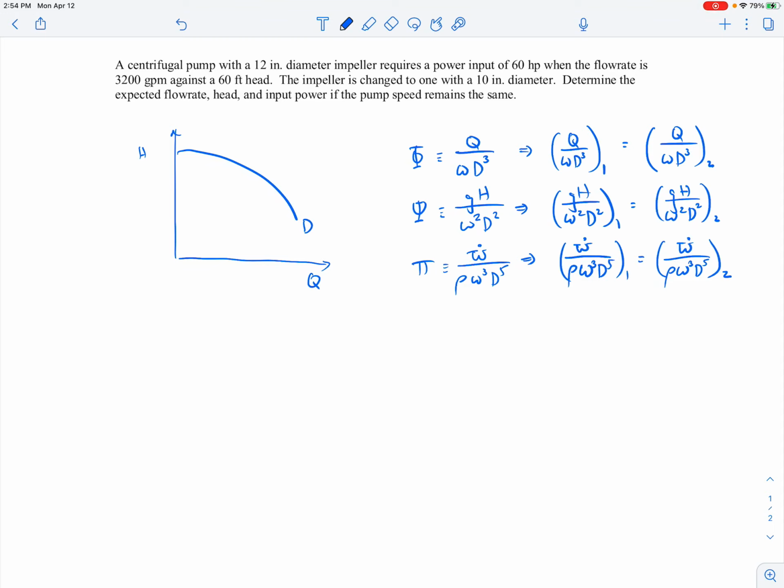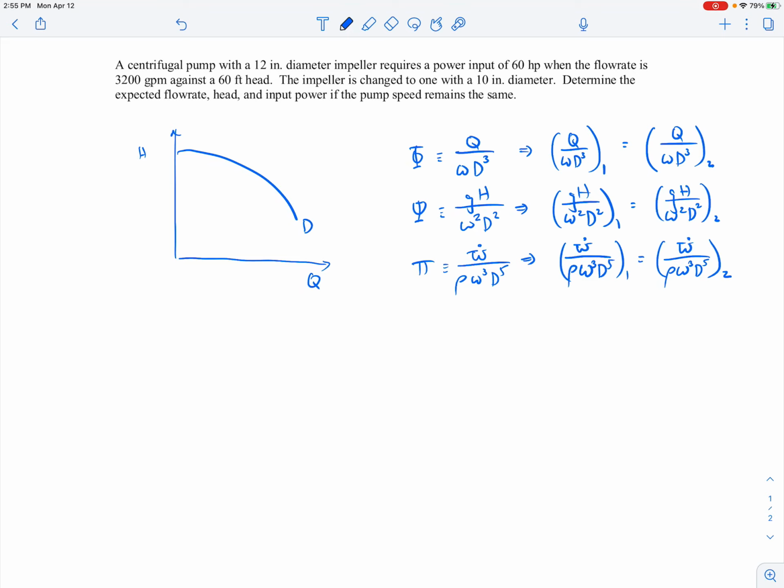All right, so in this particular case, we're told that the pump speed remains the same, so that means the omega is the same between the two different scales. Similarly, we'll assume that gravitational acceleration stays the same as well as the fluid density.